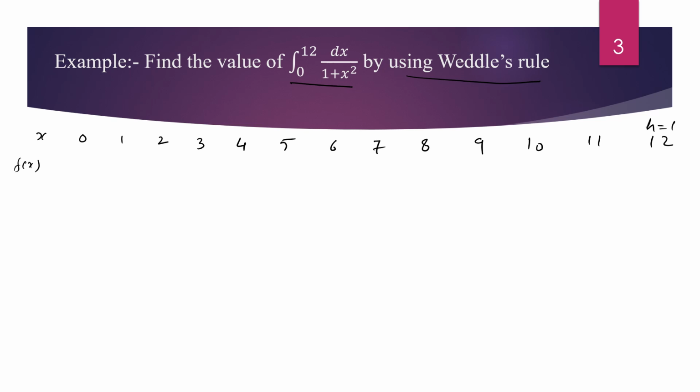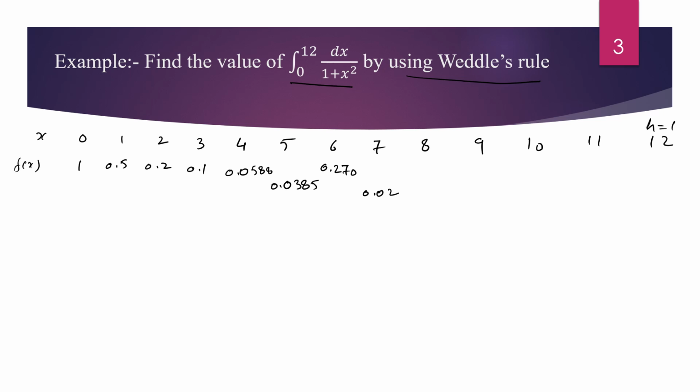And for the values of f(x) we have 1, 0.5, 0.2, 0.1, 0.0588. For 5 we have 0.0385. For 6 we have 0.0270. For 7 we have 0.02.